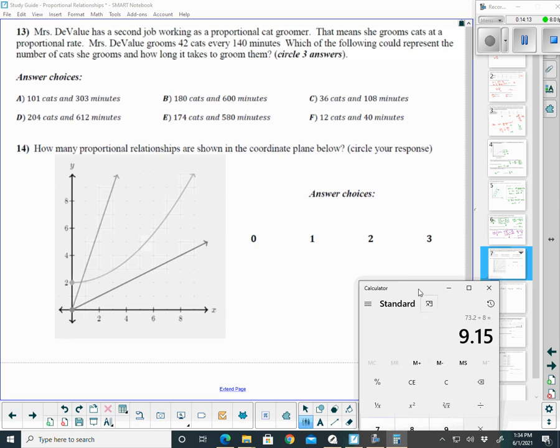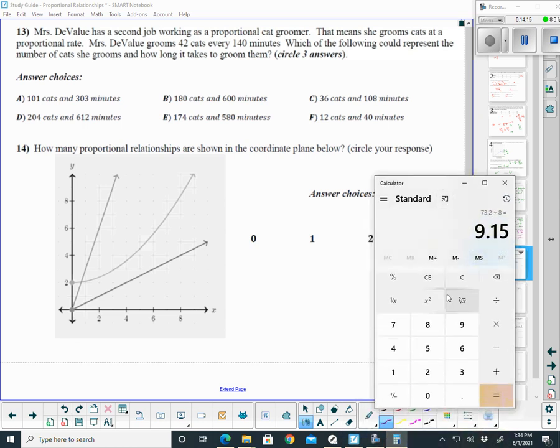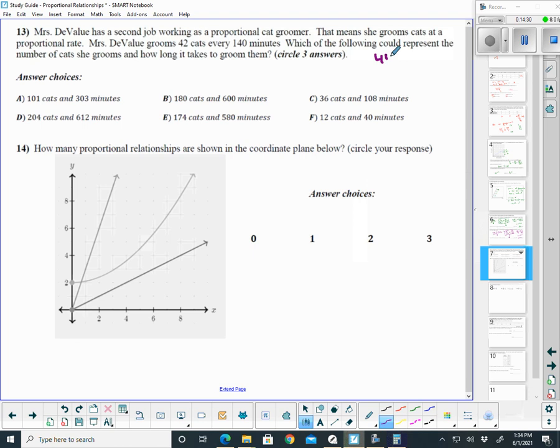Well, if you think about it, 42 cats divided by 140 minutes, 42 divided by 140 is equal to 0.3. And it's exactly 0.3.